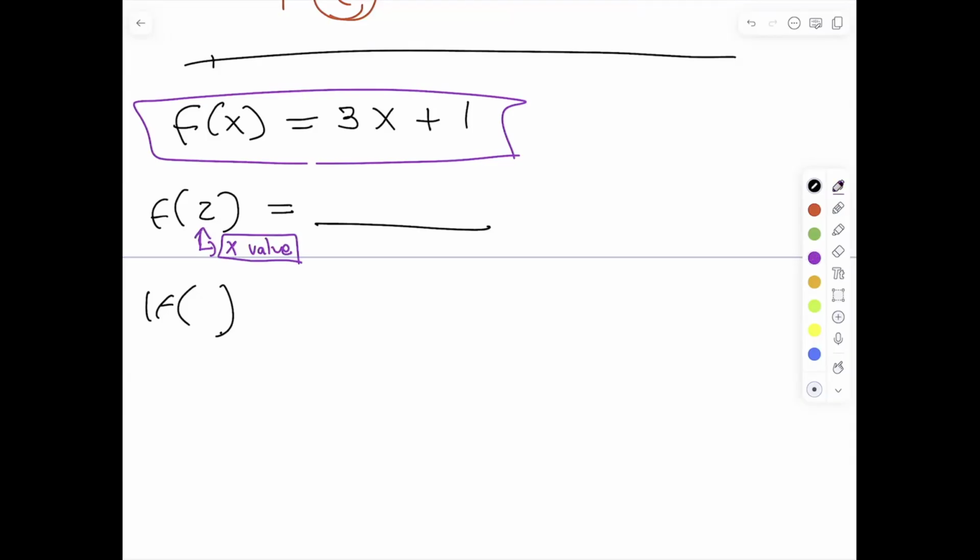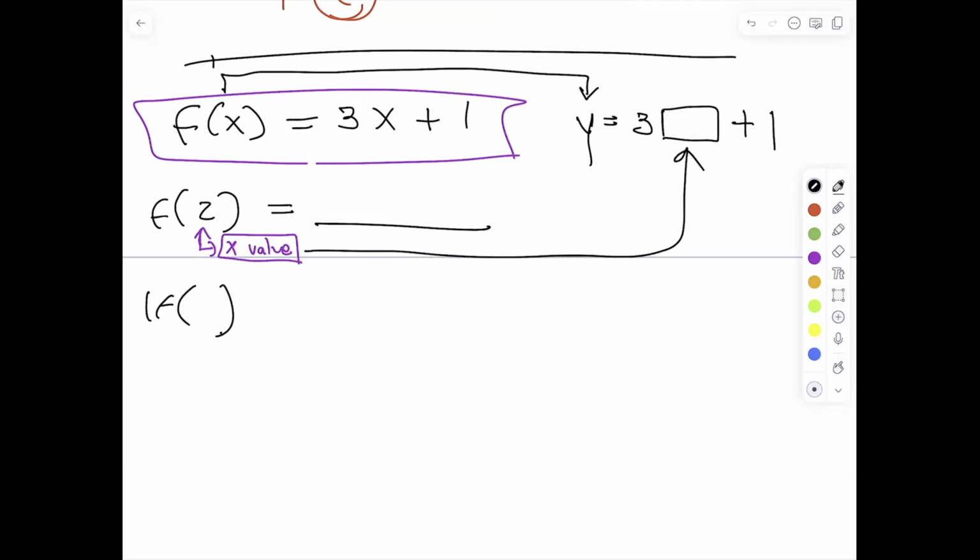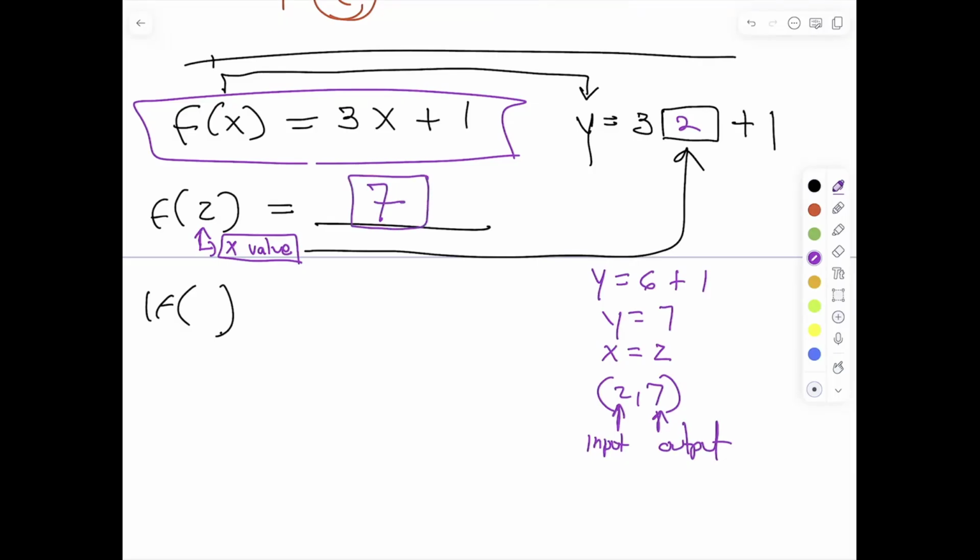I am going to take the equation y is equal to 3x plus 1, and replace x with it. So I got y is equal to 6 plus 1, which is y is equal to 7. When my x is equal to 2, my y is 7. So that's (2, 7), correct? Do you guys agree? This is my input. That's my output. This is my answer here. You see it?